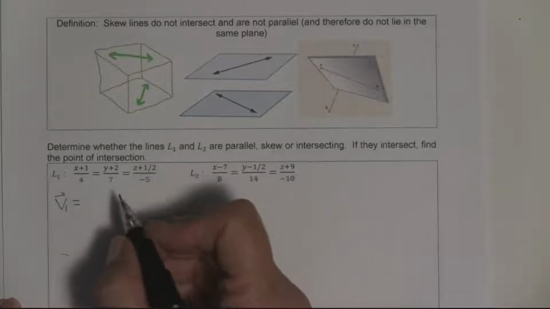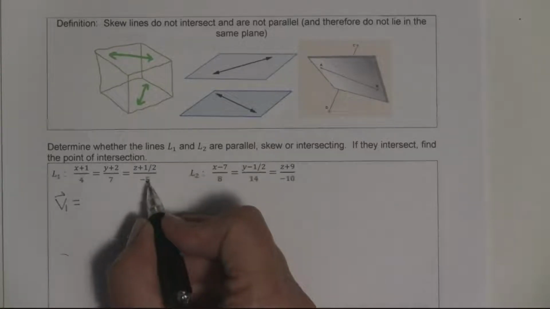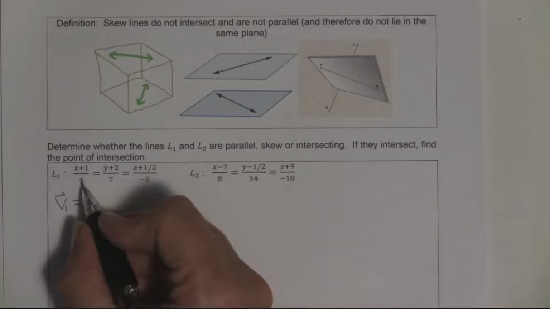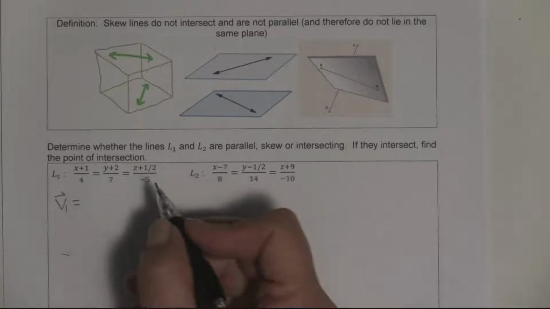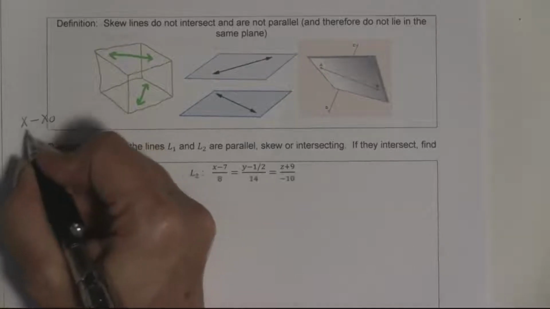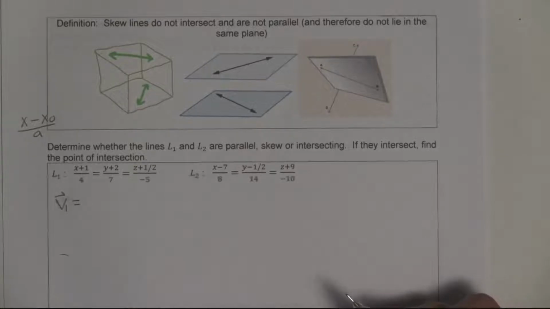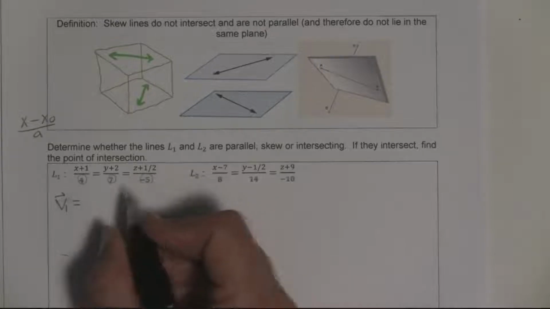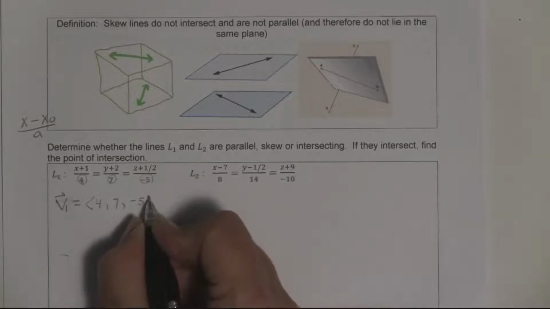And remember that this is in symmetric equation form, right? And the A, the B, and the C for our direction vector are located just right there in our denominator. If you're remembering, it's x minus x naught over A, equals y minus y naught over B. And so right here is just giving our direction vector, and that's 4, 7, negative 5.